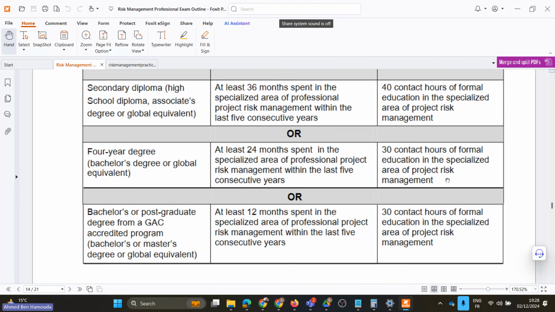Because in the exam of RMP, you will need to prove not just that you have managed and dealt with risks, but actually have also dealt with and managed stakeholders and a few other parts of the project.